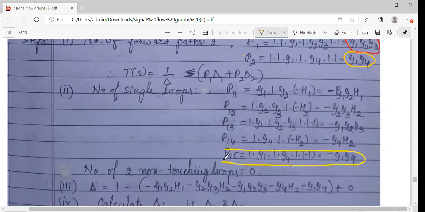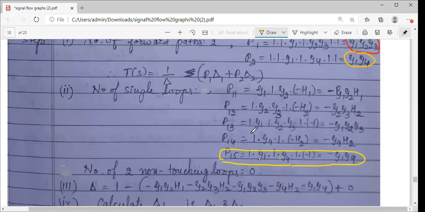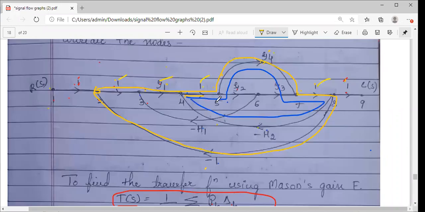For this single loop I have drawn, I have written the gain value. And for blue color, it is 1 into G1, G4 into minus H2. 1 into G4 into 1 into minus H2. So these 2 gains are for yellow and blue loops.